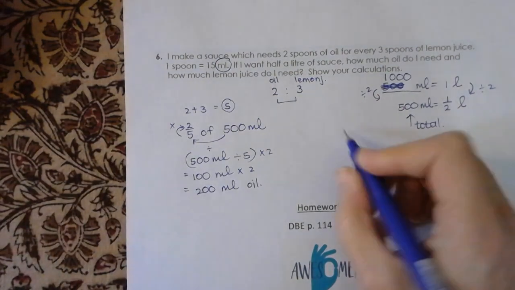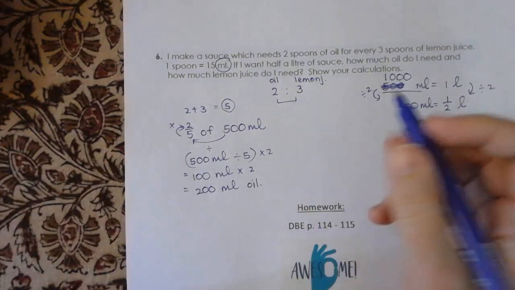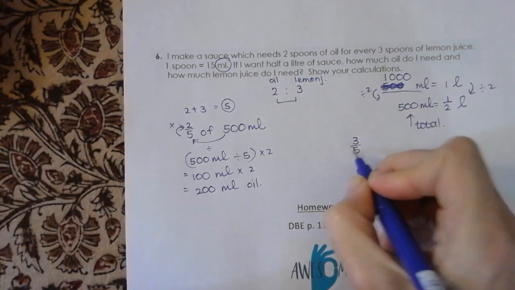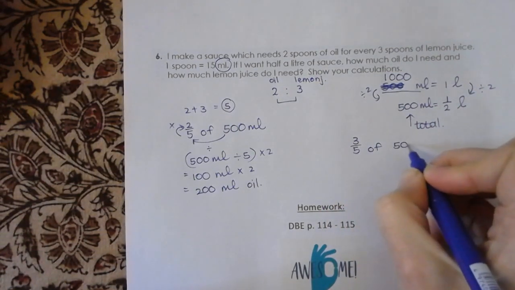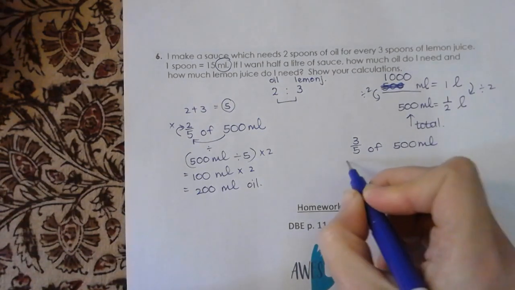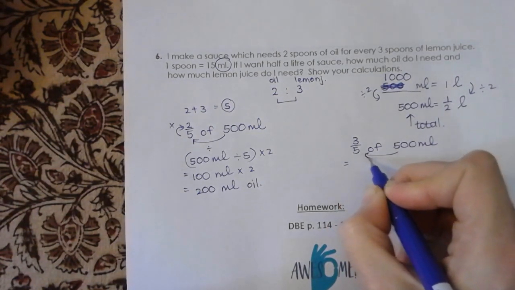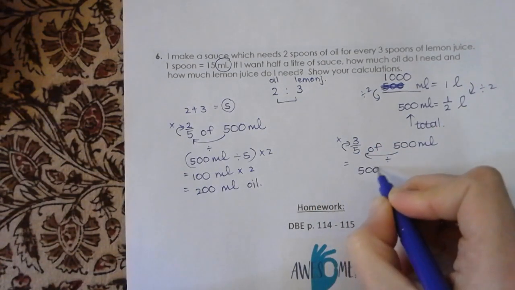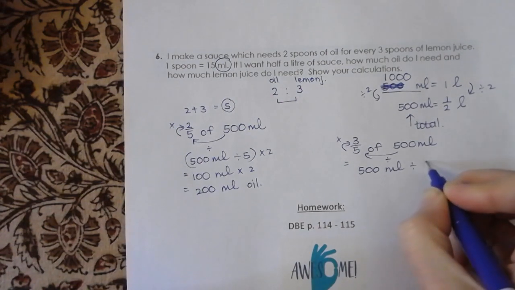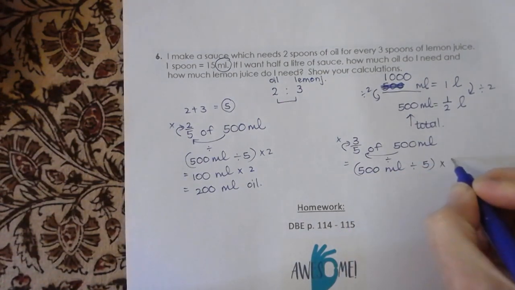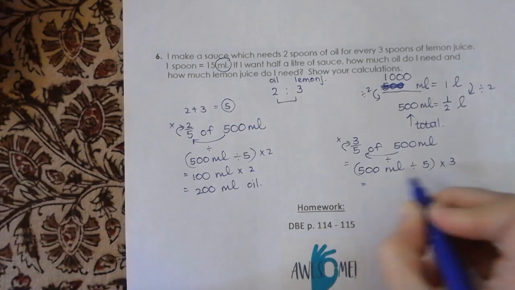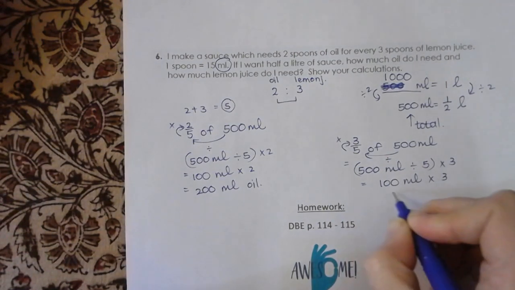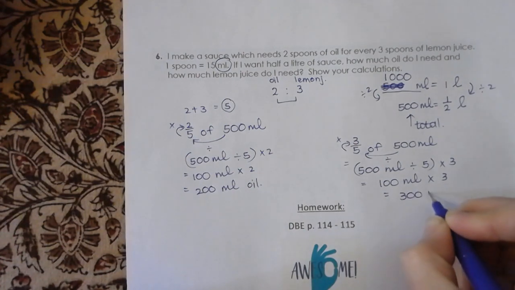Okay, right, and then we're going to take the 3 and write it as a fraction over the total. 3/5 of 500 milliliters. Okay, so again, divide and times. 500 milliliters divide by 5, and then times with 3. So 500 divided by 5 is 100 milliliters times with 3, and this equals 300 milliliters.